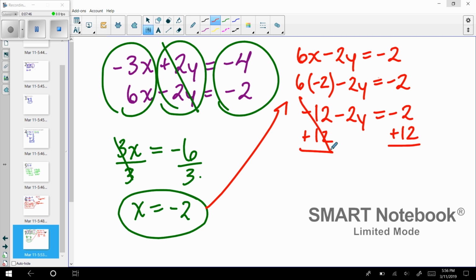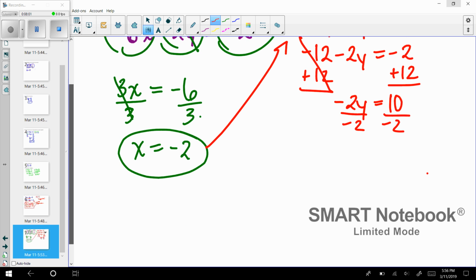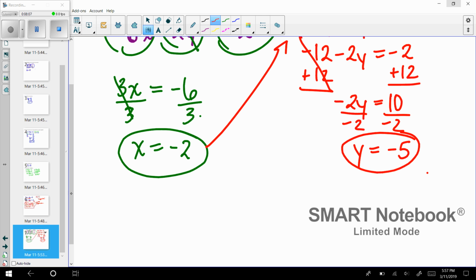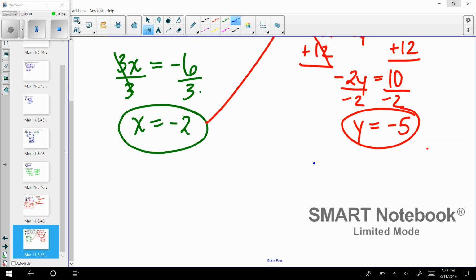So I make a 0 pair and add 12 to each side. -2y is equal to now -2 plus 12 is a positive 10. I divide by -2 so that I can continue finding y. And now positive 10 divided by -2 is -5. Now I may write my ordered pair, -2, -5.